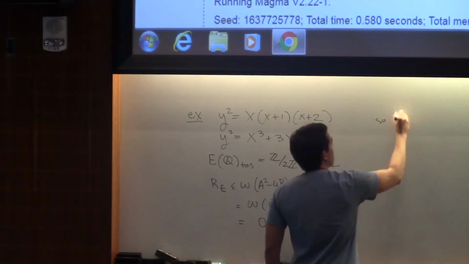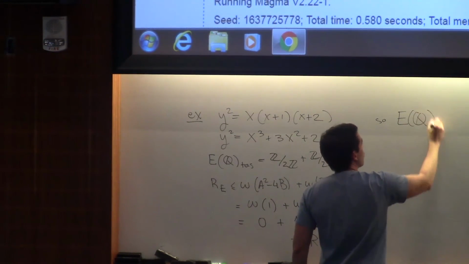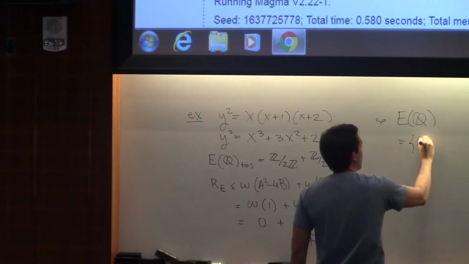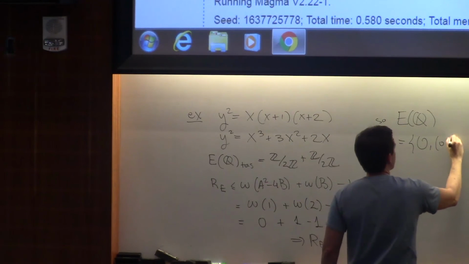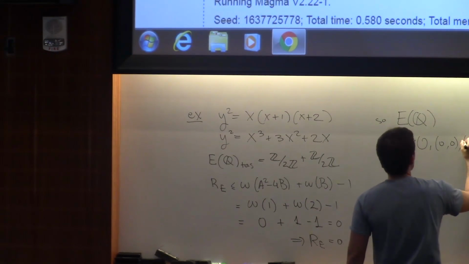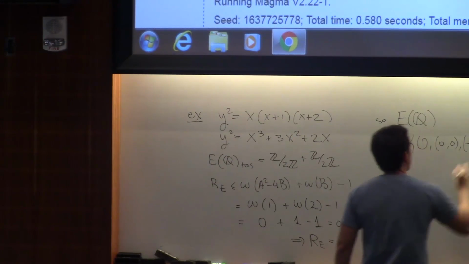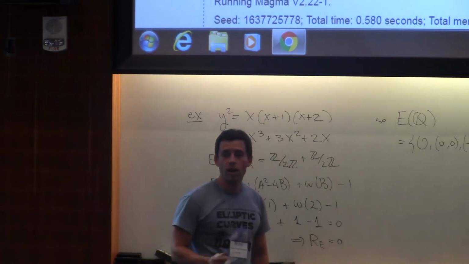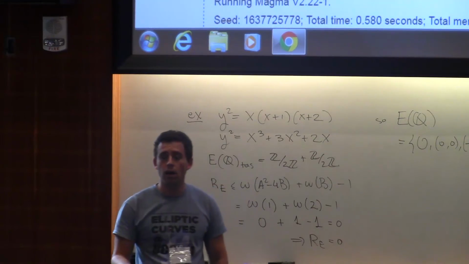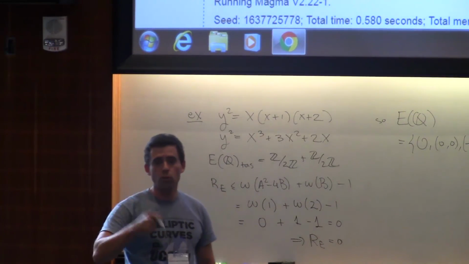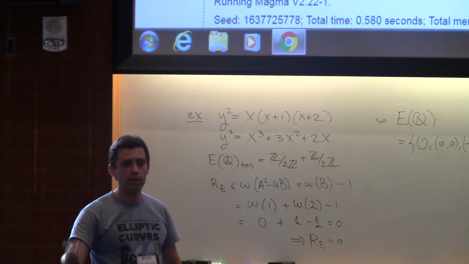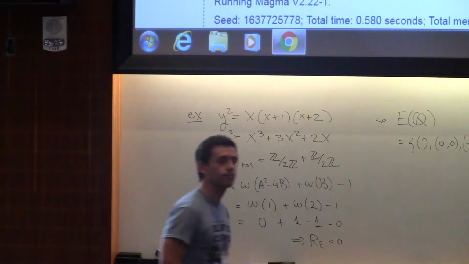So all the torsion points are O and 0, 0, minus 1, 0, and minus 2, 0. So the only triples of numbers that multiply to a square are 0, 1, 2, minus 1, 0, 1, and minus 2, minus 1, and 0. And that's it.